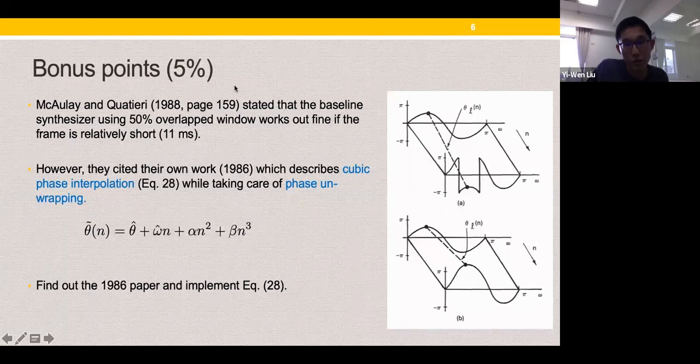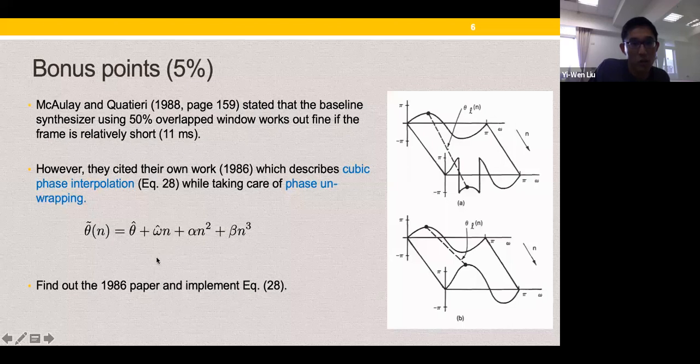And based on that, you can linearly interpolate the amplitude, that's fine. But for the phase, as early as 1986, these authors suggested that this should better be handled by cubic phase interpolation, right? Here, theta is the instantaneous, the relative phase for this frame.